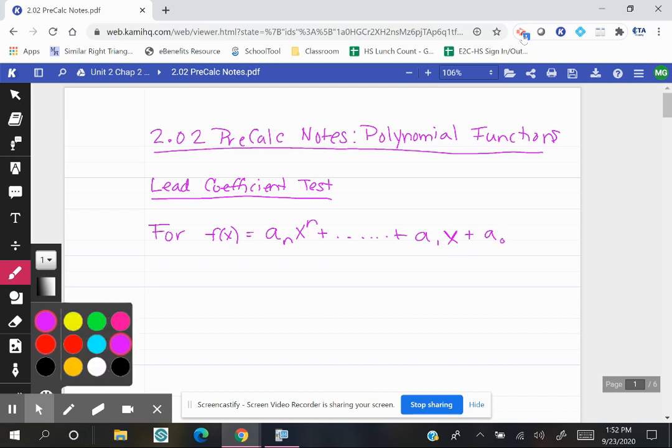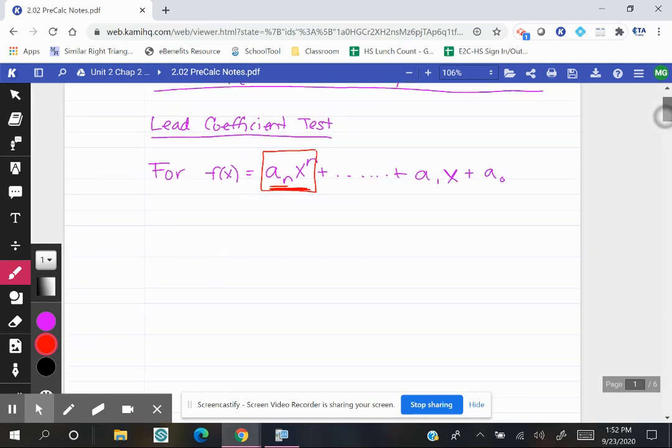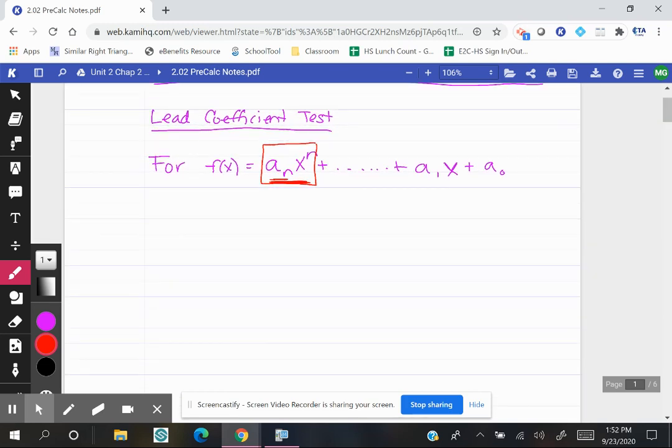What I want you to focus on is this lead coefficient right here. So the first term, and the coefficient of that is a sub n. So we want to know if that is positive, and we also want to know if the n, so really your exponent, is even or odd.